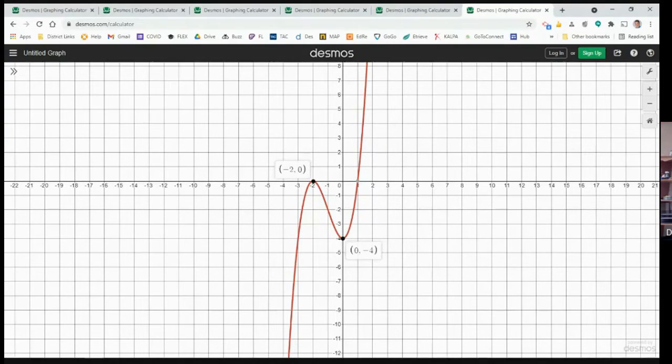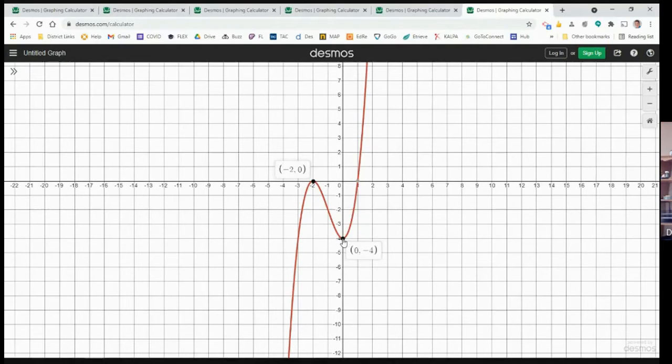But we do have a relative minimum and a relative maximum. A relative just means it's not the absolute minimum of the graph, because this one doesn't have an absolute minimum. It's just a relative, is the term we use, relative minimum. So a relative minimum for this means in this area, it's decreasing and then increasing.